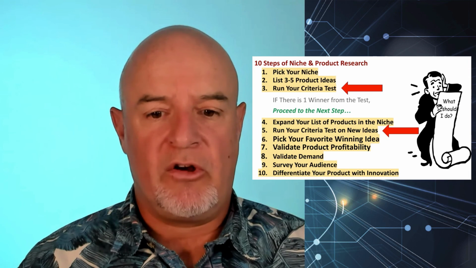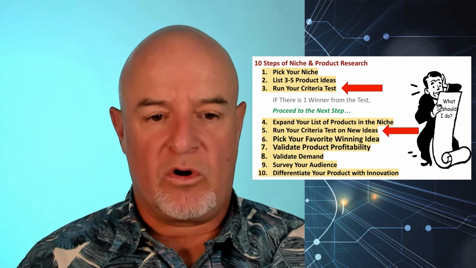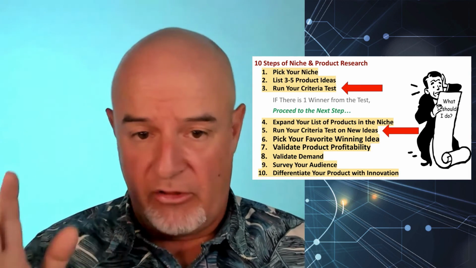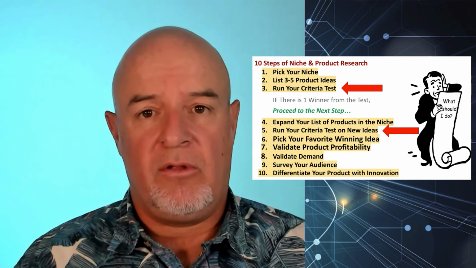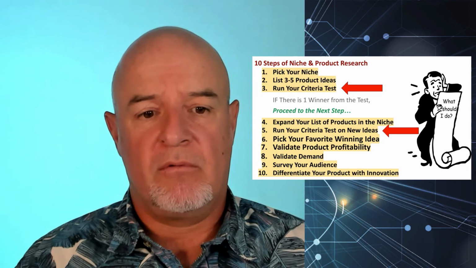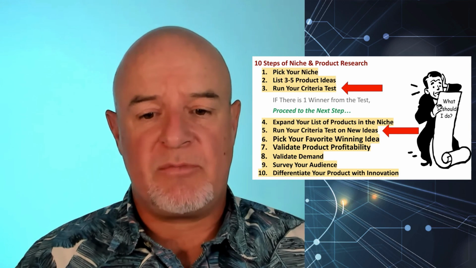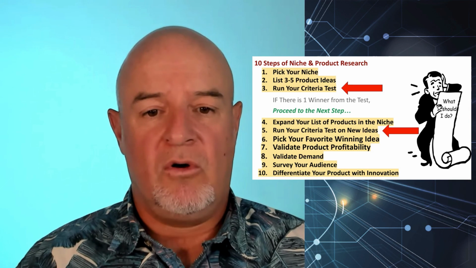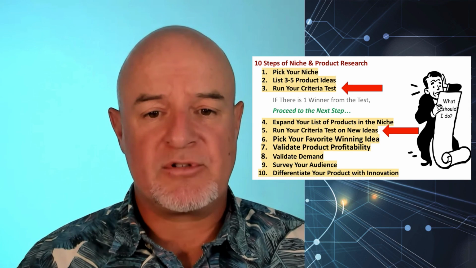And that's where the survey your audience comes in, and then after that, we're going to be all the way through the validate module, and we'll be going into the next module for differentiating or innovating your product, okay? So that'll take us all the way through those 10 steps, right?